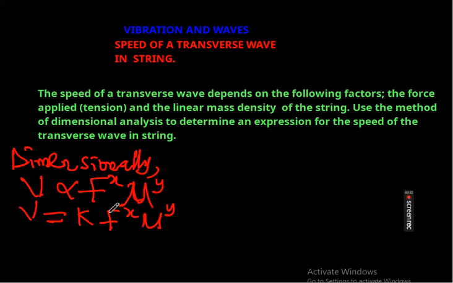Dimensionally, you have the speed v proportional to F, which is the force applied, raised to power x, and the linear mass density mu, raised to power y. That gives v equals k. You introduce a constant to remove the proportionality sign: F raised to power x, mu raised to power y.